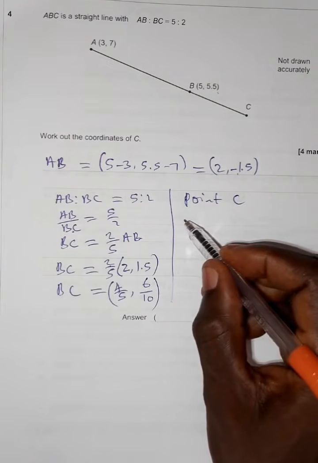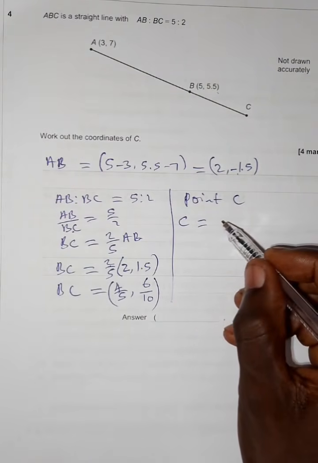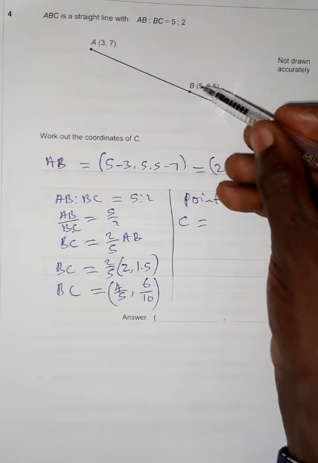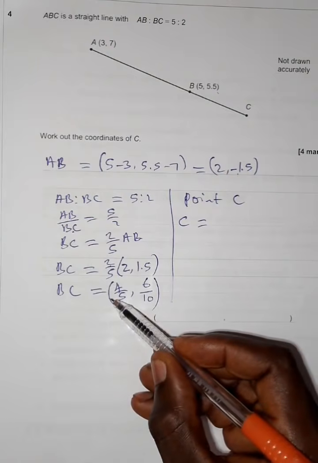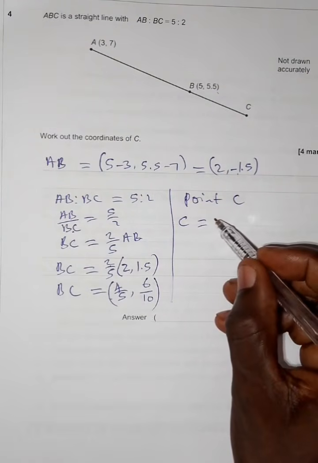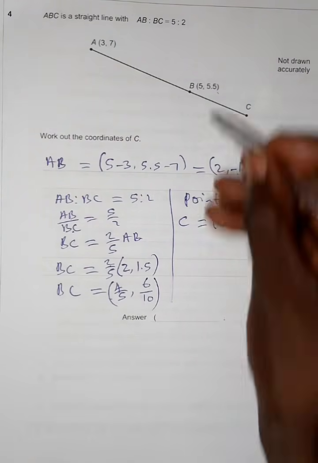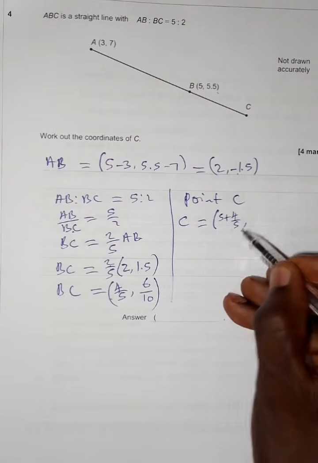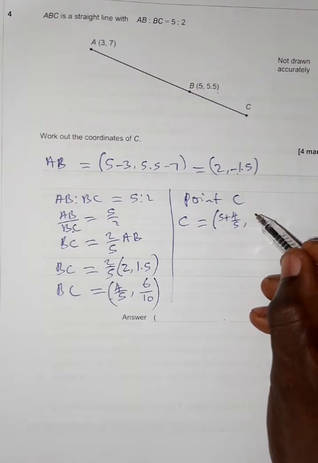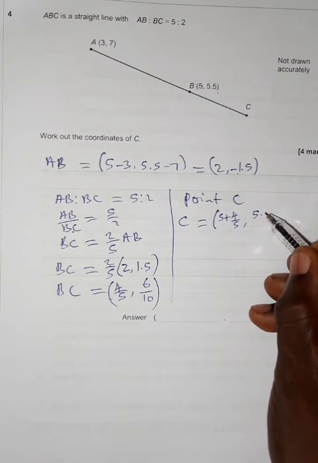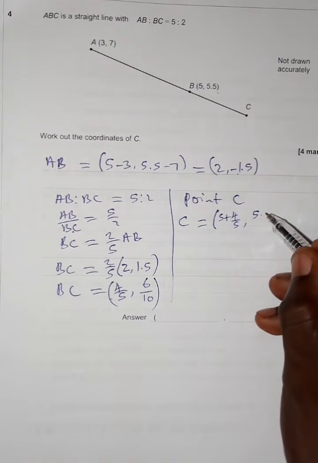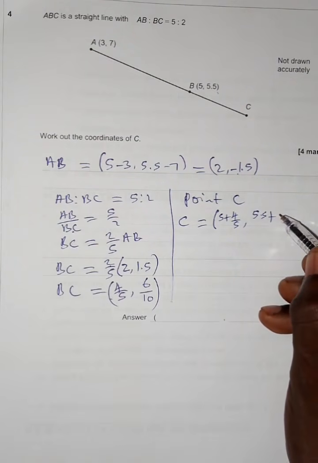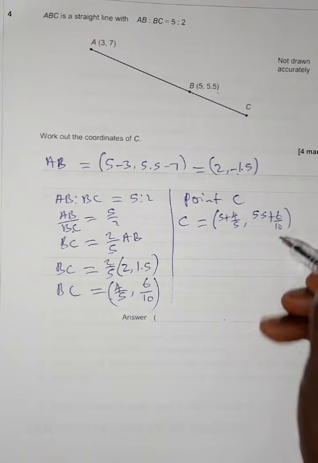So at C we will add this point and also this point. Point C will be in bracket 5 plus 4 all over 5, comma, then 5.5 plus 6 over 10, close the bracket.